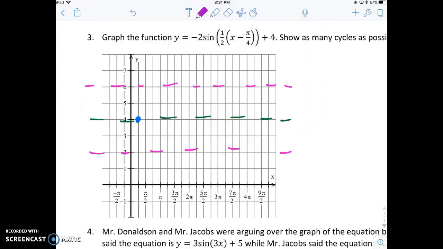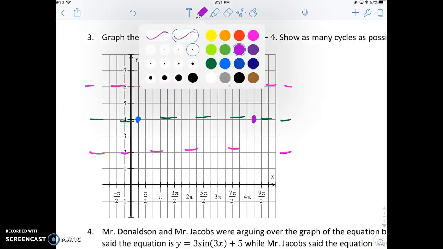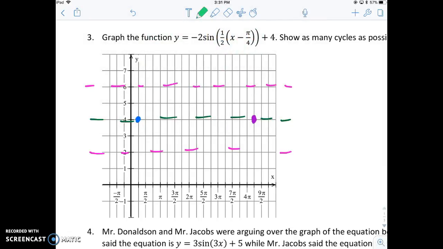If I go over 4 pi to the right from there, that's going to be right here between 4 pi and 9 pi over 2. So that's where my cycle is going to end. Then I can plot the 3 middle points, keeping in mind that this graph goes down first from the start. These 3 points will be evenly spaced. Halfway between these 2 points will be another middle point, which will be right here.